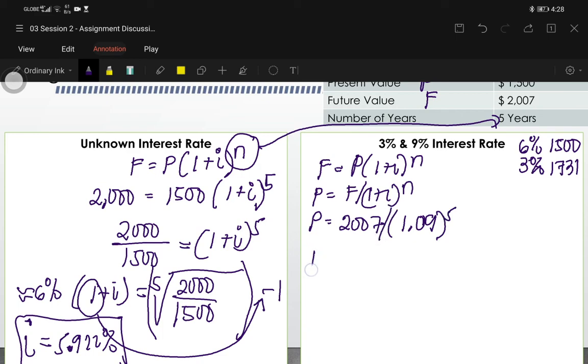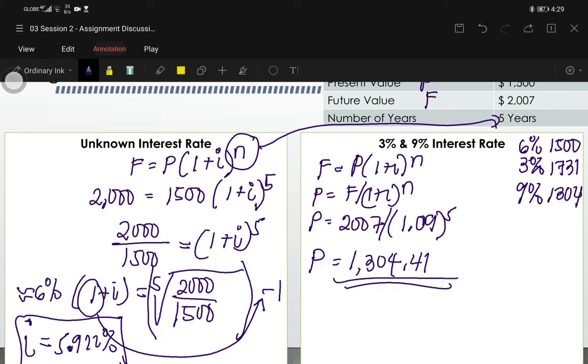So the investment needed at a 9% interest rate would be 1,304.41. Okay.